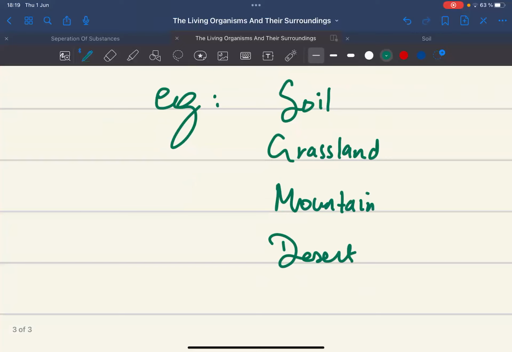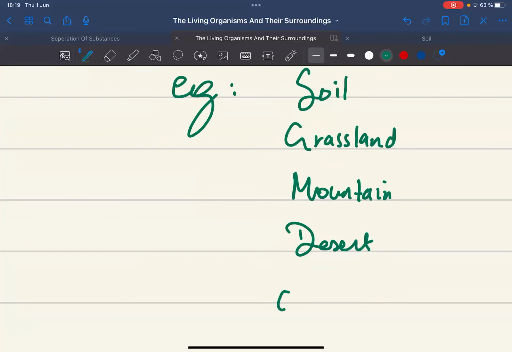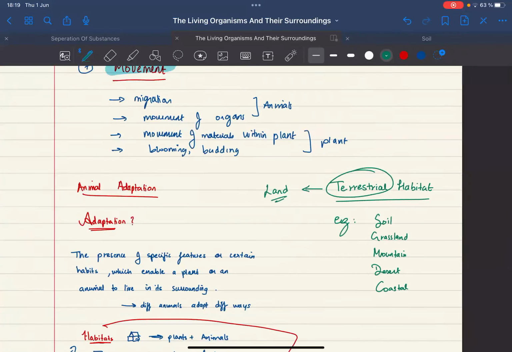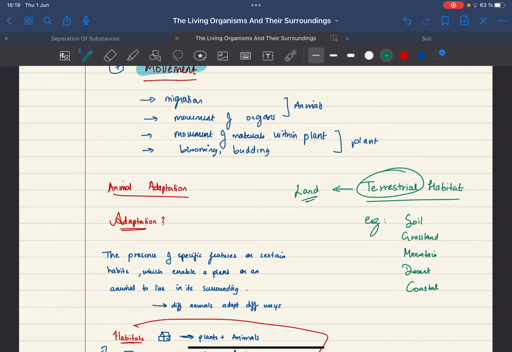Mountain, deserts, all the coastal regions, all these are on land only. Plateaus, yes. Wetlands, definitely. So all these come under terrestrial habitats.